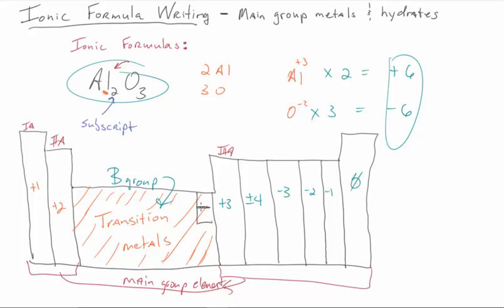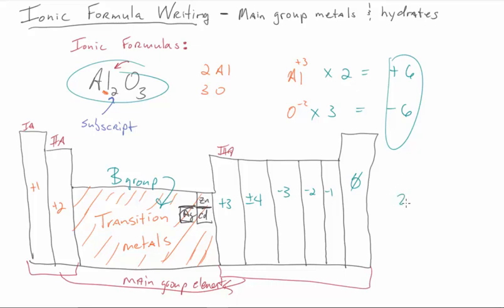There are a couple of elements over here: zinc and cadmium, and also silver. They have very predictable charges even though they are in the B group. For everything else, a transition metal, I'm going to have to do some work to figure out the ionic charge, and we'll get into that later.